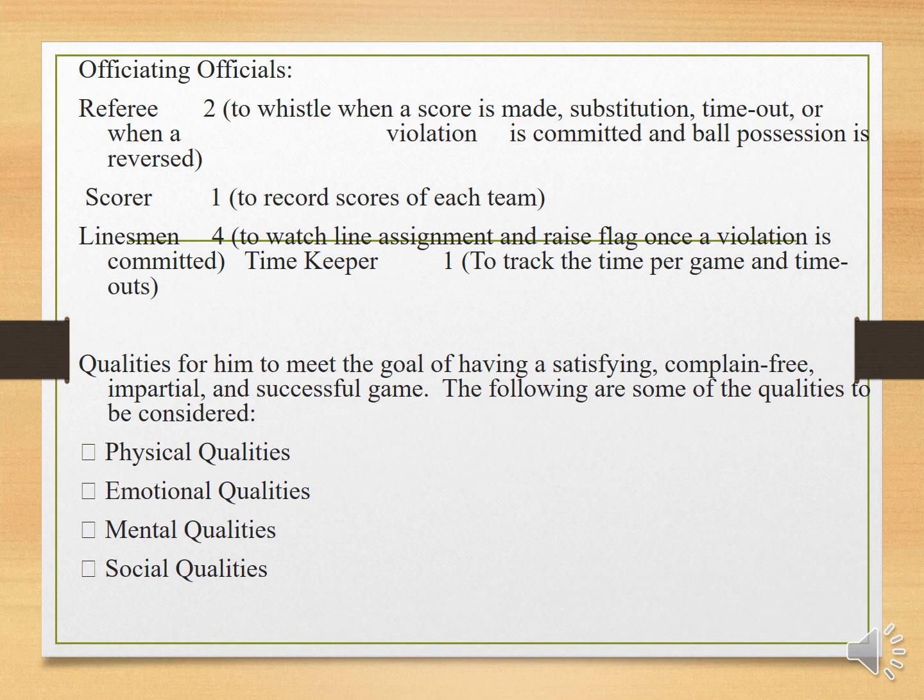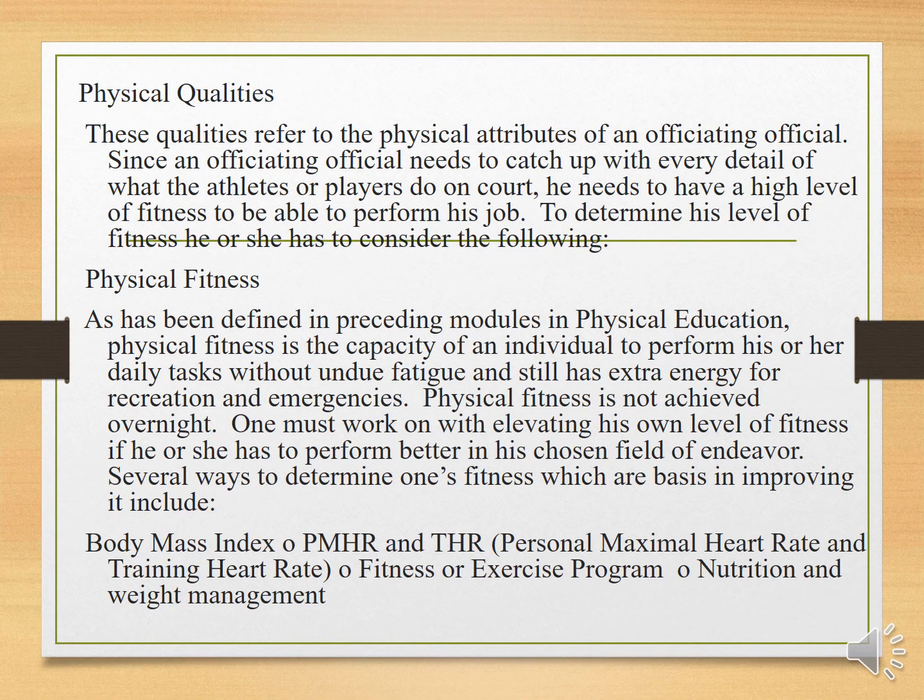So there are qualities for him to meet the goal of having a satisfying, complaint-free, impartial, and successful game. The following are some of the qualities to be considered: physical qualities, emotional qualities, mental qualities, and social qualities. Physical qualities refer to the physical attributes of an officiating official.